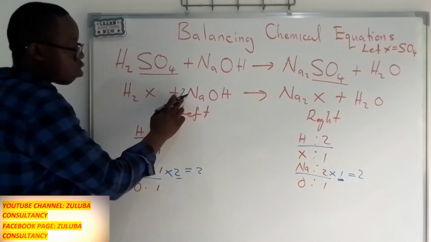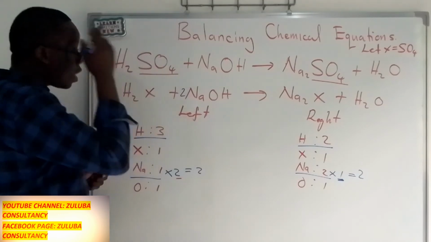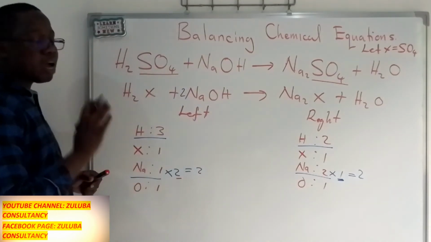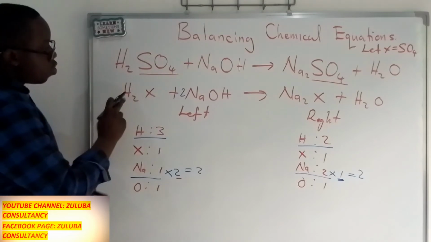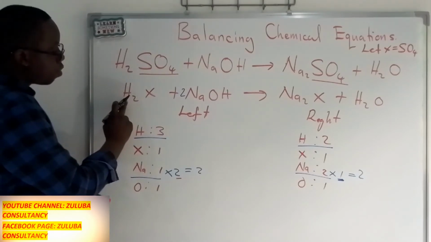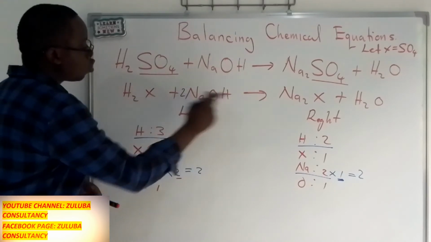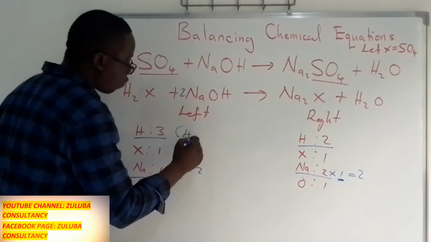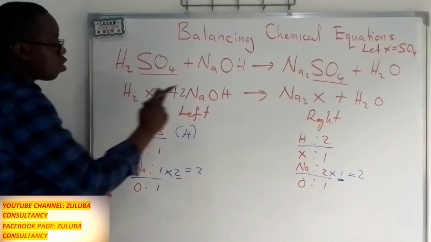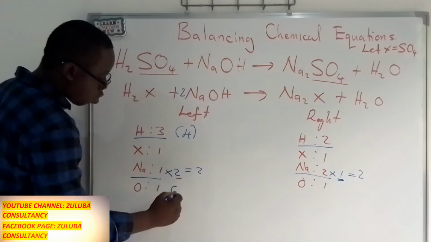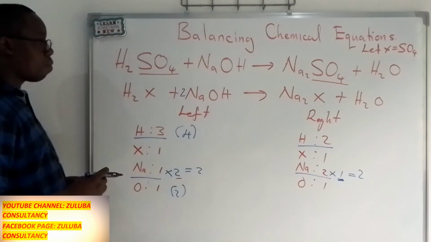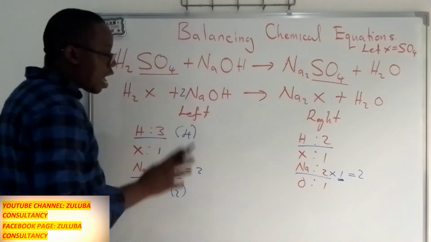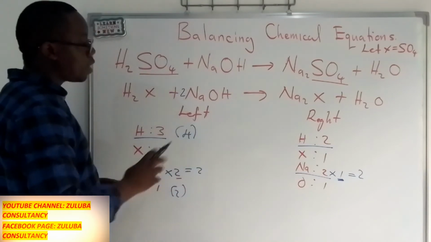This introduction of 2 here has an impact on oxygen and hydrogen. You'll notice that now we have 2 plus 2 hydrogens, that is giving us 4 hydrogens. We also have 2 oxygen atoms there. On the right side, nothing has happened yet.